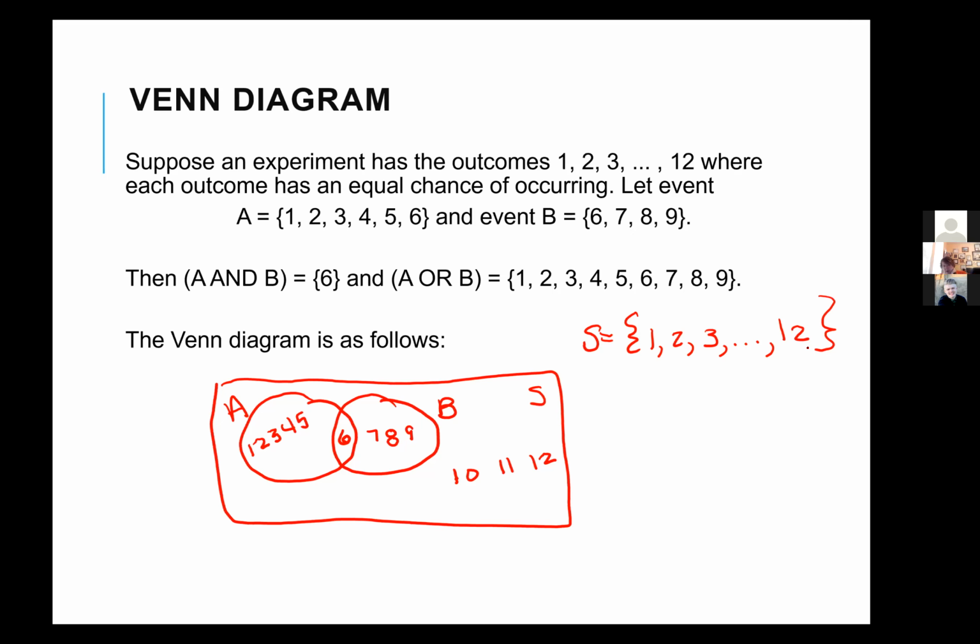So that's a Venn diagram that just represents events and their outcomes.